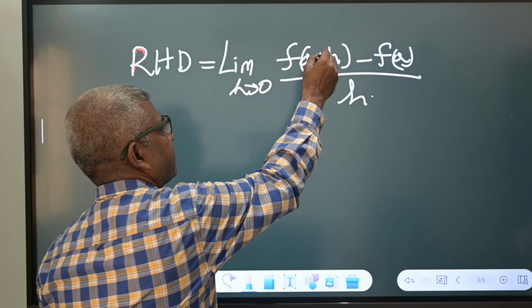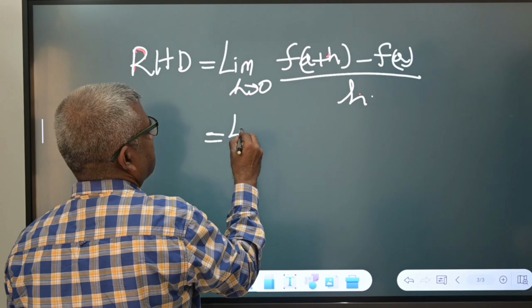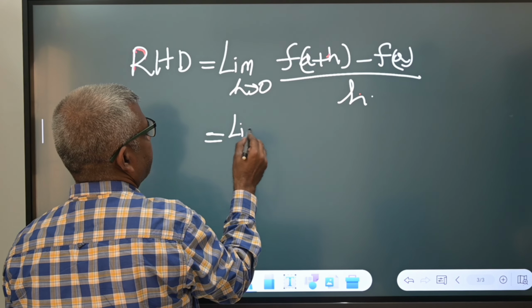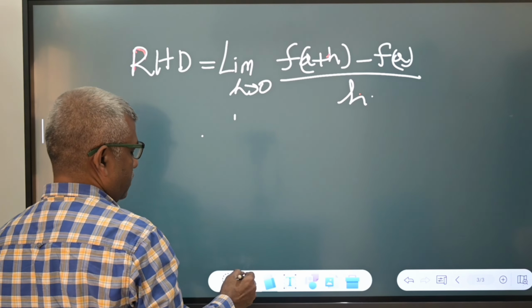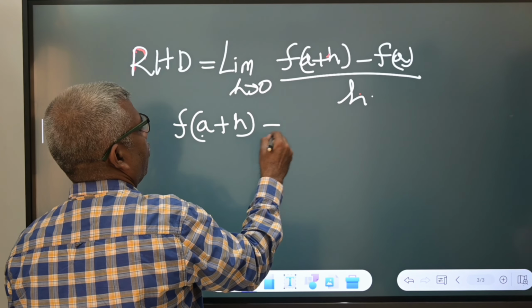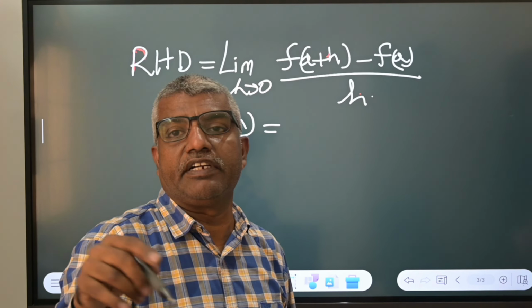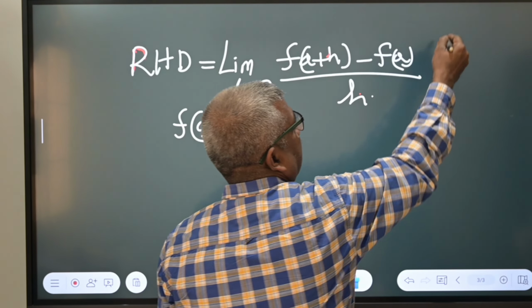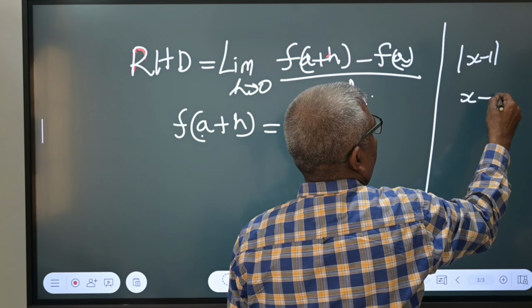Here a plus h. Okay, how to do it? What is f of a plus h? Here a is equal to 1. It is the right hand side derivative, so modulus of x minus 1 is x minus 1 only.